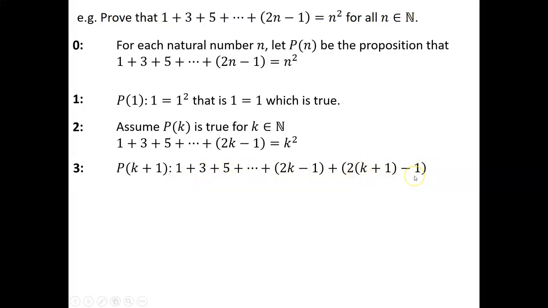Don't worry about simplifying this for the moment when you write it out for the first time. Now this is exactly the same as this. So instead of having this whole big sum, I can replace it with k squared.